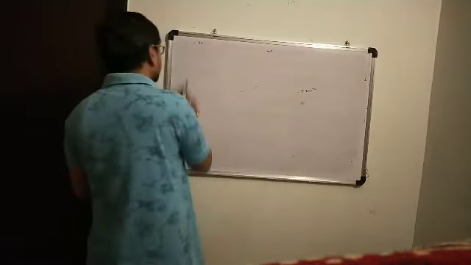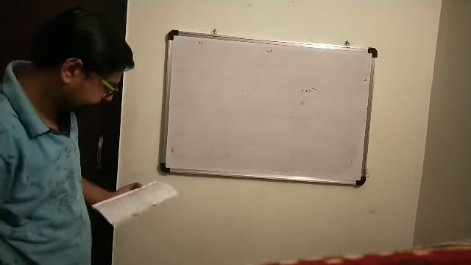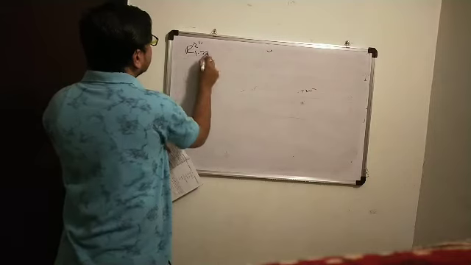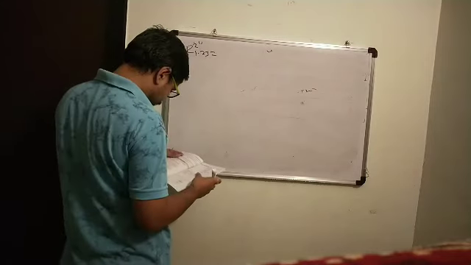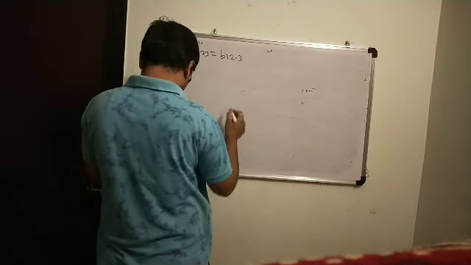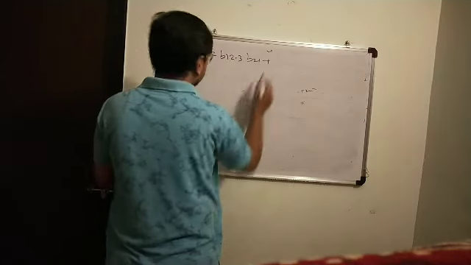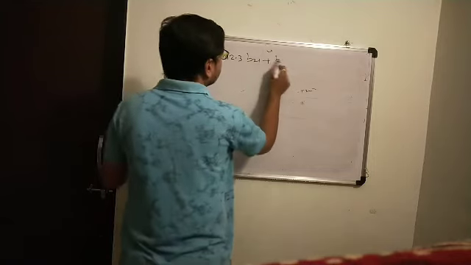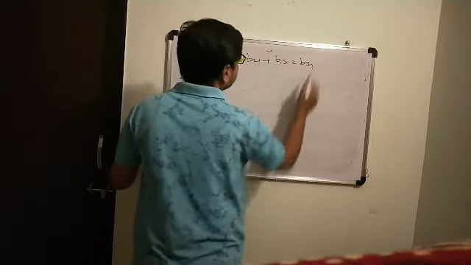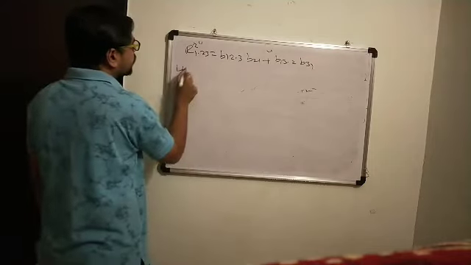Now we will go to another example. We have to prove r square 1.23 is equal to b12.3 into b21 plus b13.2 into b31. Now we will take its LHS.